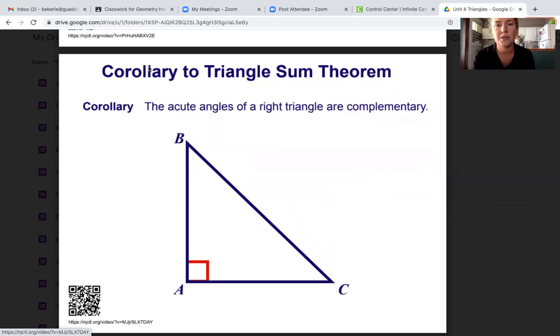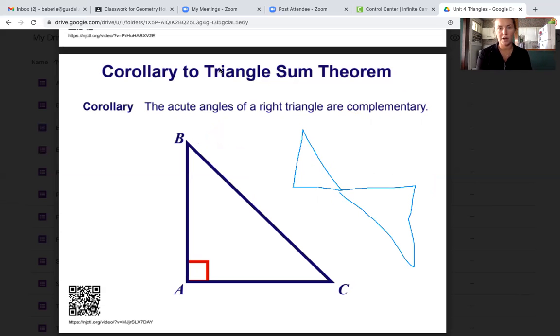So let's talk about this. I'm just going to draw some triangles and do some examples right now. My triangle is probably not going to look that great, so let's just keep that in mind. You have a triangle right here, and then we could have another triangle. Oh my gosh, that's so ugly. Sorry, guys. We call this angle 1, we can call this angle 2, and we can call this one down here angle 3.